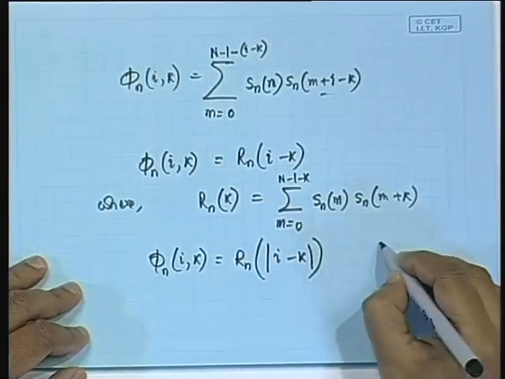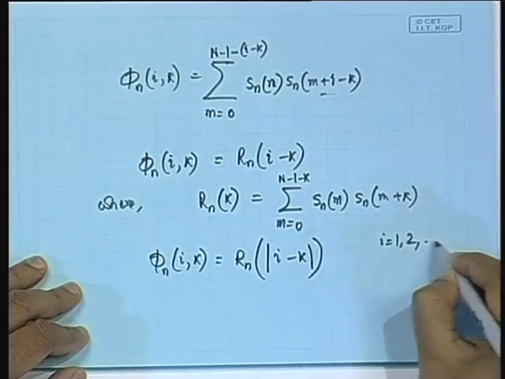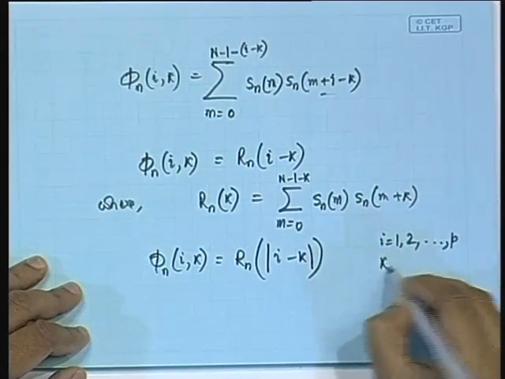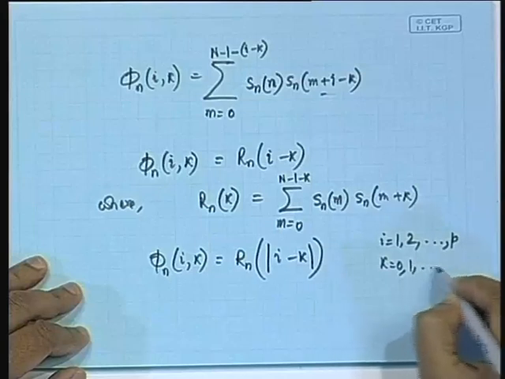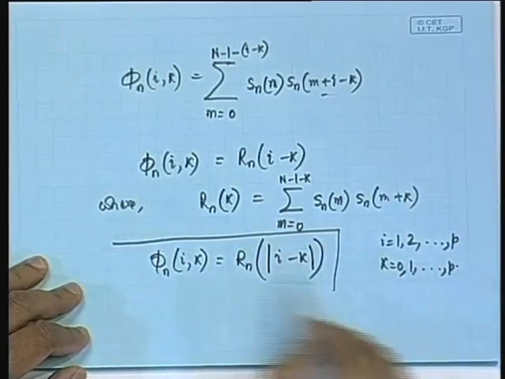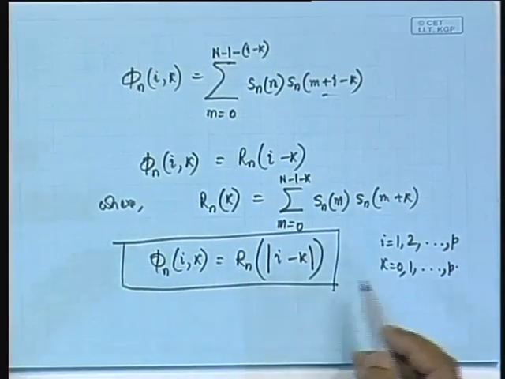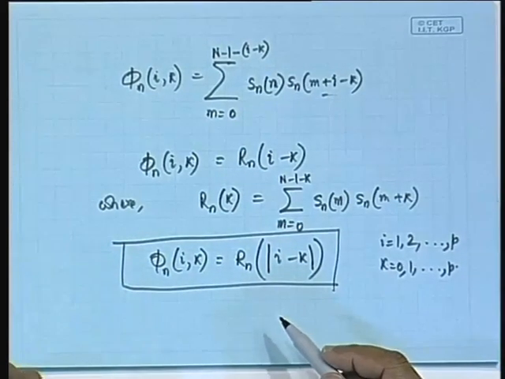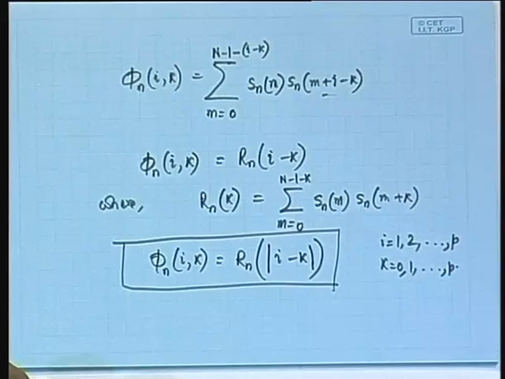So i is equal to 1, 2, up to p, and k is equal to 0, 1, up to p. So this is a good equation that we have obtained, and having obtained that, we can now try to substitute this into our original equation, meaning what we have to solve exactly.